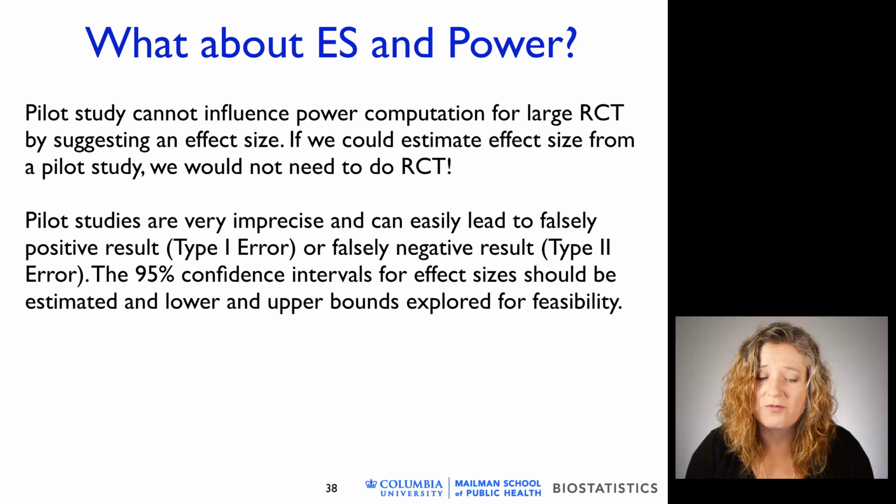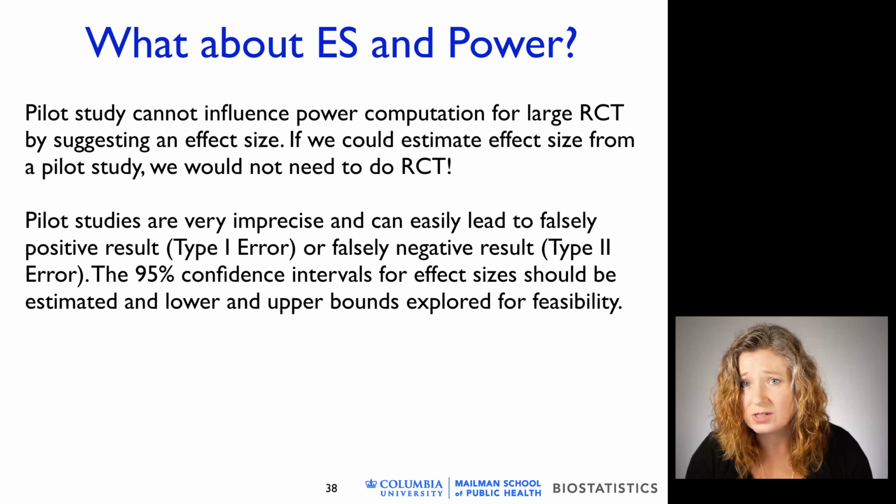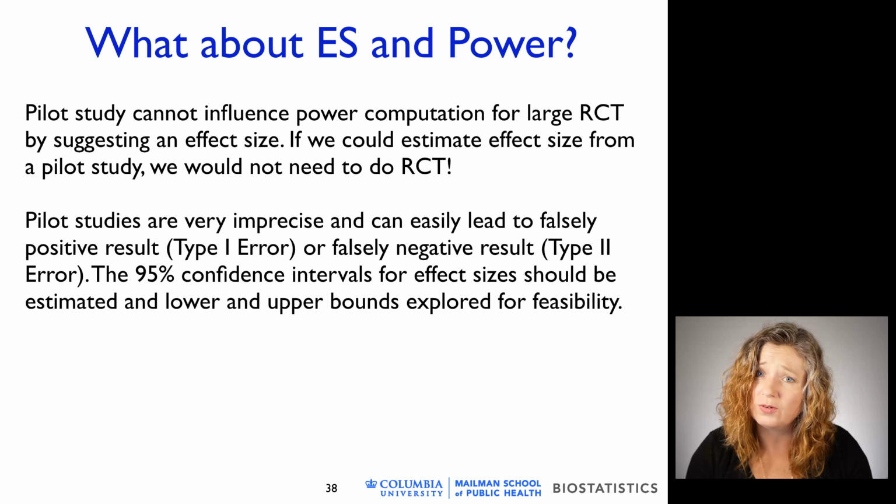Pilot studies are very imprecise and can easily lead to either falsely positive results, which is type 1 error, when the odds ratio was too large to be true, or falsely negative results. That's the type 2 error, and those were the odds ratios that were close to 0, even though we knew the treatment is actually effective.